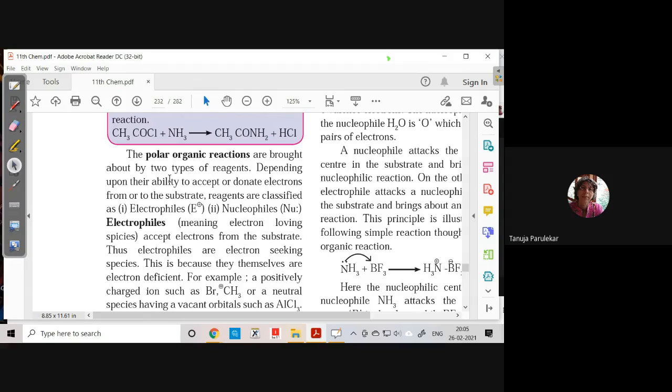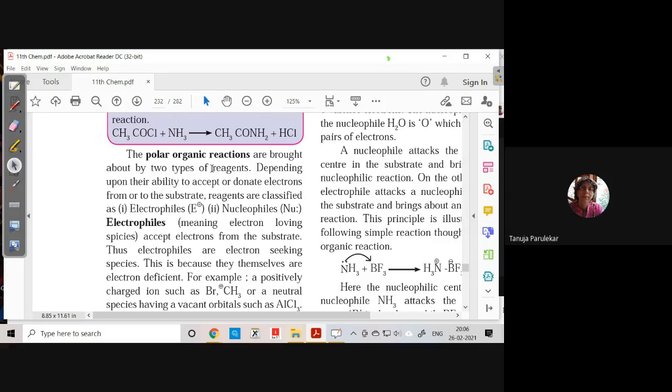Anything which is a carbon compound is considered the substrate, and anything coming in, like ammonia, sulfuric acid, HCl, or a cyano reagent, is the reagent. If I want to carry out a reaction on propene, then propene becomes my substrate. For an addition reaction across the double bond, I add chlorine or bromine, and then my bromine becomes the reagent.